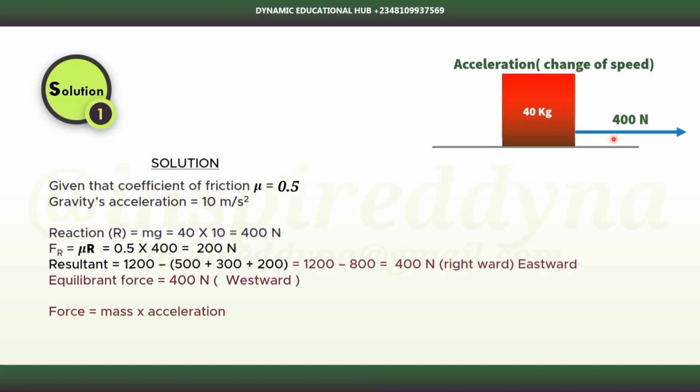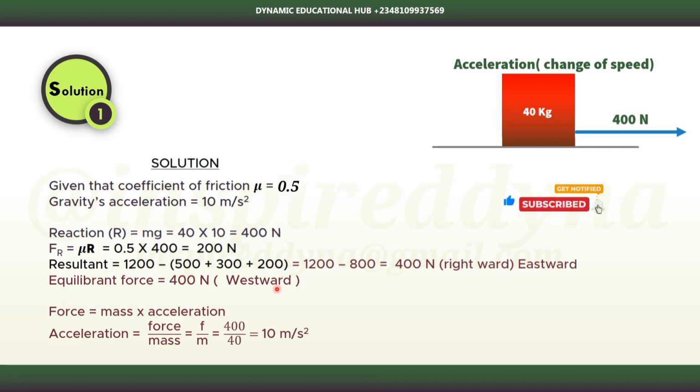Now force is equal to mass times acceleration, and which force is causing acceleration here? 400 Newton. So we can make acceleration the subject of the formula. Acceleration will be force divided by mass, which is F over m. And which force is acting here? 400 Newton is pushing this object, despite the fact that we have multiple forces operating on that system. The one that is moving this object is actually 400 Newton, the one that is pushing this object forward from our analysis.